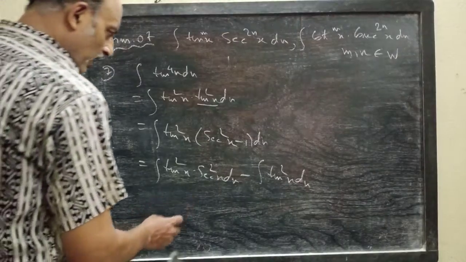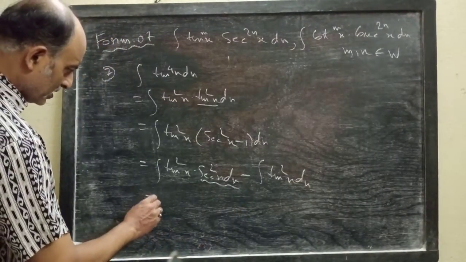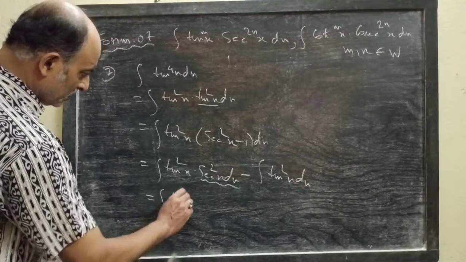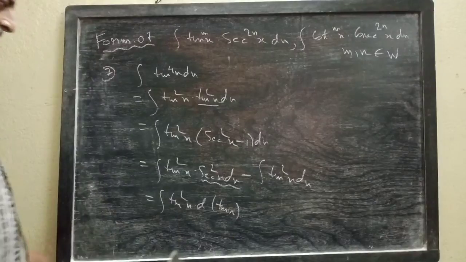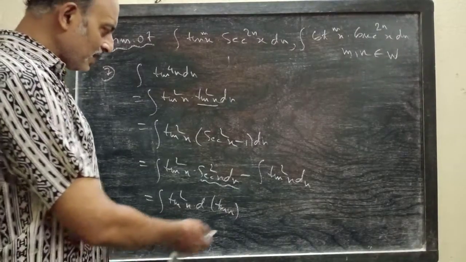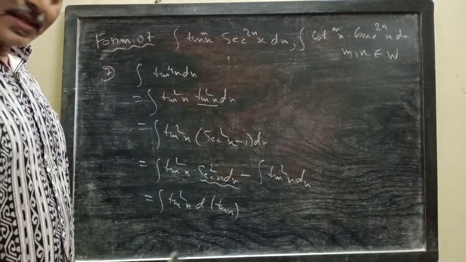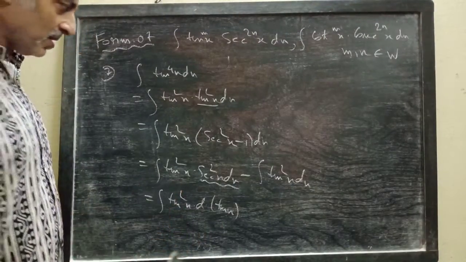Next, I am writing this sec square x dx in this way: integration of tan square x d of tan x. That is, without taking tan x equals z, I am writing this as d tan x. This is equivalent to integration of z square dz.